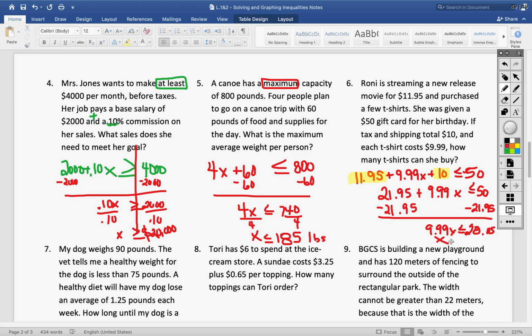That is x is less than or equal to 2.807078, anyway, 2.8, well, but it's a shirt. So can she buy an entire third shirt? No, it's 2.8 shirts. So she has to spend less than 2 shirts.